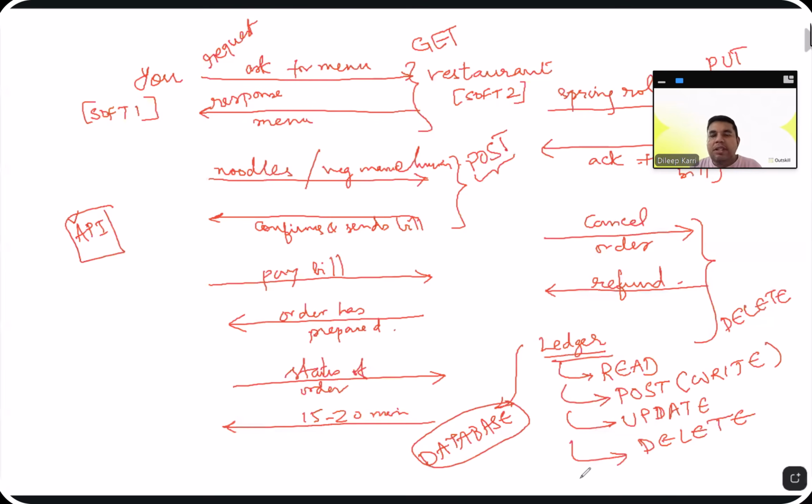You ask a question, the restaurant gives a response. There is a request and response, which together makes one API call. So first you have the GET API call, then the POST API call, then the PUT API call, and then the DELETE API call. These are the different API calls that exist for you.